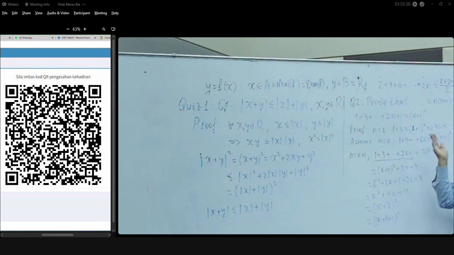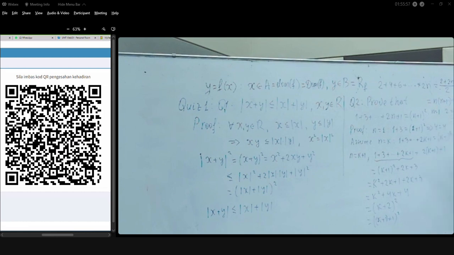Now I need to prove it. Okay, this is from arithmetic progression. Now for the proof, you should say when n equal to 1. When n equal to 1, I have 2 on the left side. On the right side, n equal to 1, 1 plus 1 is 2. Correct?